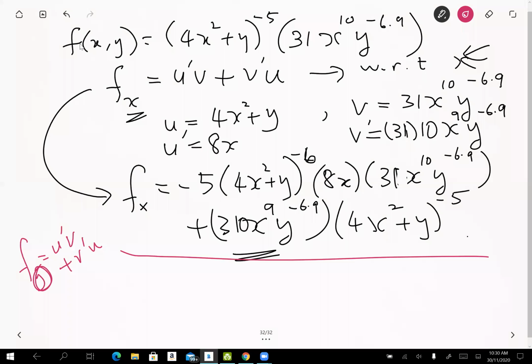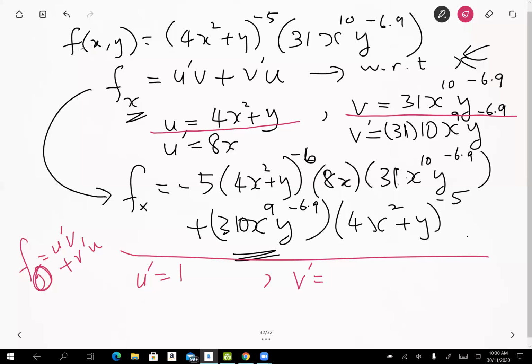So we do the u prime. Now u prime here is with respect to y. I will not write u because I already got that u here. So you take that derivative with respect to y, what do I get? Very simple, that's 1. And then the v is already there. I take v prime, what do I get?